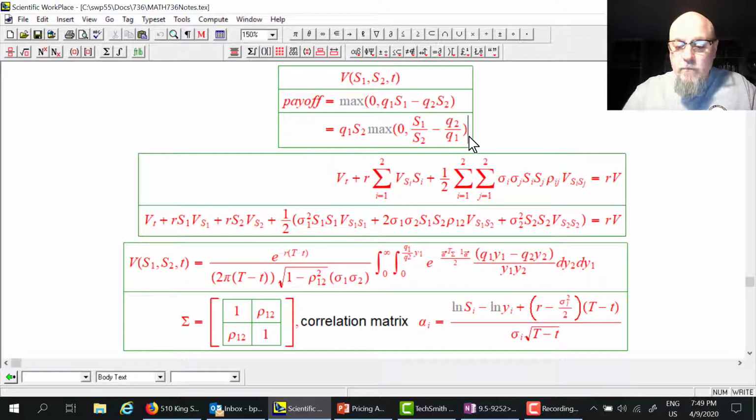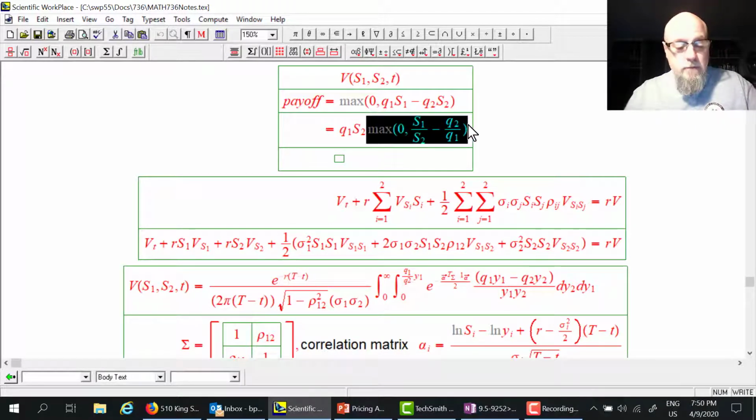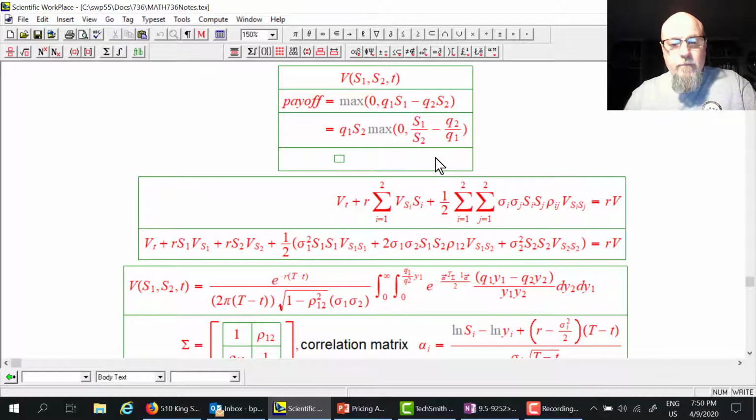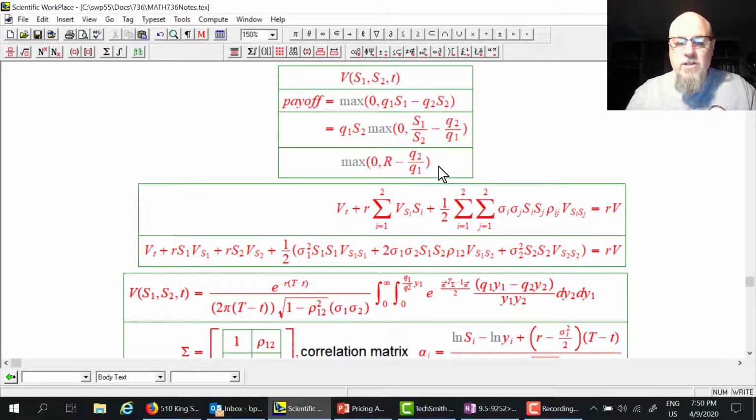Now I'm looking at this piece here. Let's price an option that has this payoff, and that's our ratio.